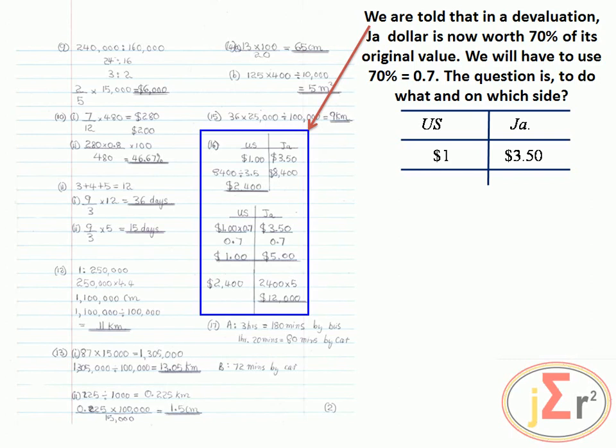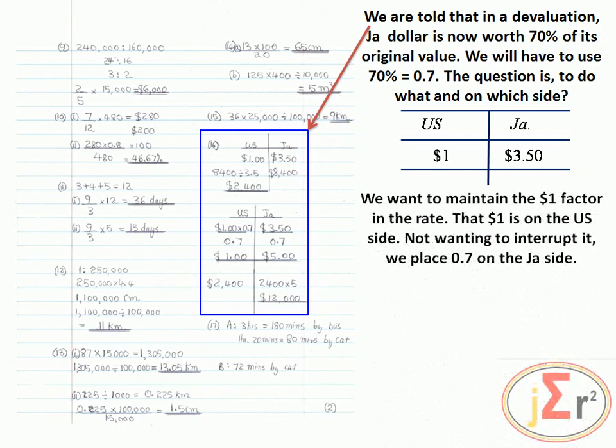But when they are given that in a mathematical problem, then they really make a meal of it. We want to maintain the $1 factor in the rate. The $1 is on the US side. Not wanting to interrupt it, we place 0.7 on the Jamaican side.